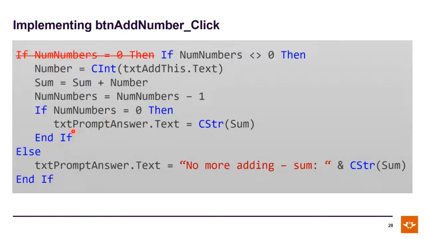But otherwise, if we've reached 0 and the person wants to add more, then you don't want to give them the opportunity to add, right? Do you? You don't. So you want to be nice and put in a prompt that says, no more adding. By the way, the sum is this already. Does this make sense? Okay, so that is the code.